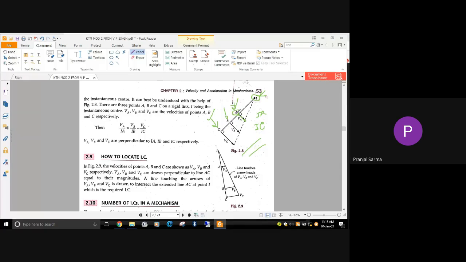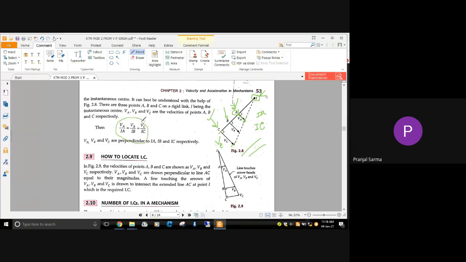This is C, this is A. Definitely IC is more. So the velocity of C will be more. That means the velocity VC of point C and the velocity of point A, from this diagram also you can see this magnitude is more compared to this.